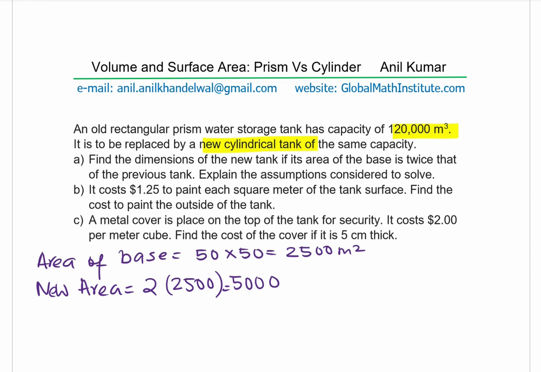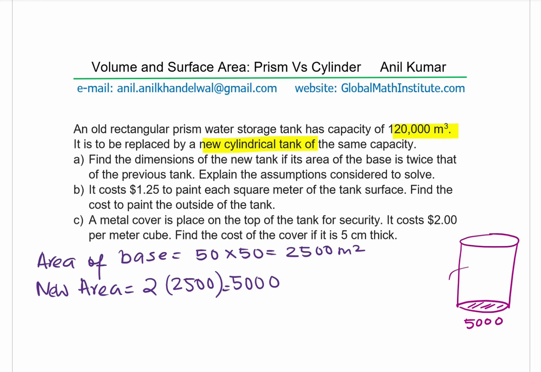Let's make one cylinder, and then we'll work out the calculations. So that is cylindrical in shape, and we are saying that the area of the base is 5000. What should be the height?